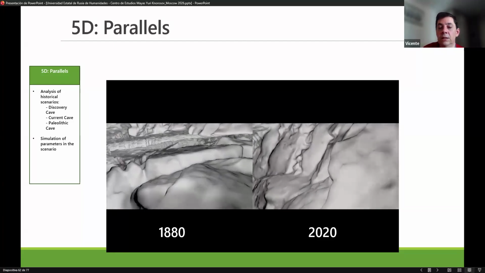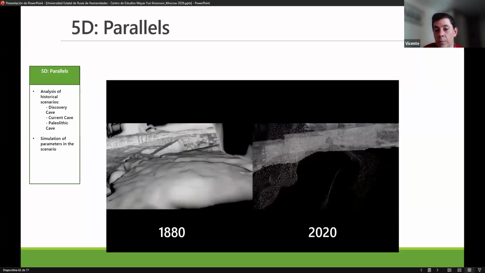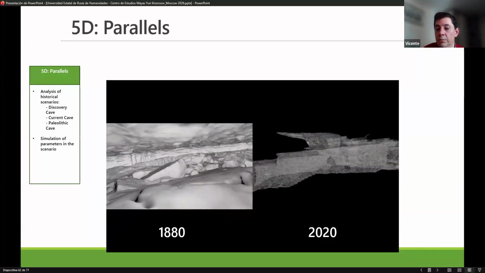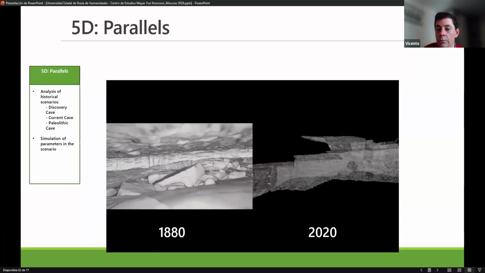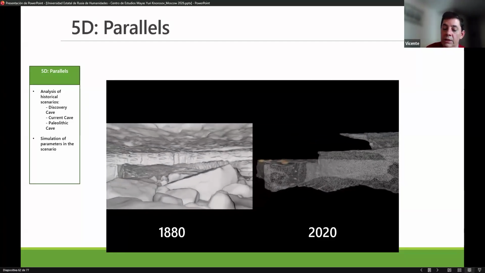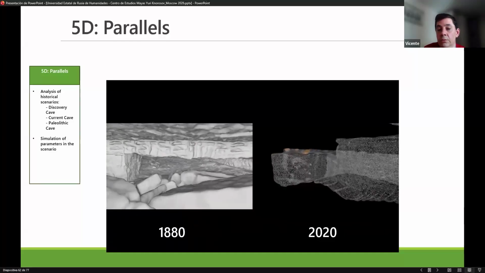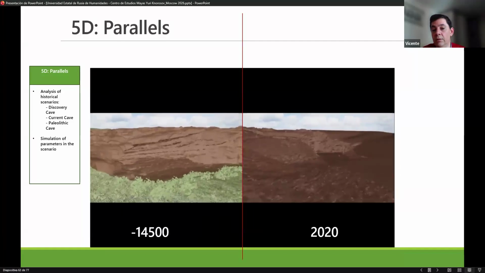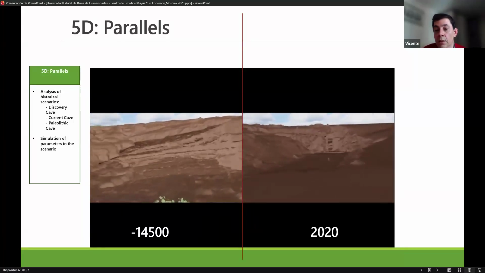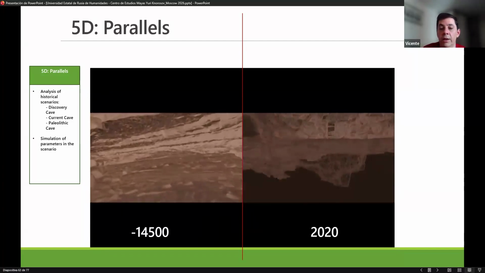On the right you can see all the anthropic works made by humans to preserve the cave and the original shape of the cave. This is the exterior, the entrance in the Paleolithic, and the entrance now. Now there is a door. In the Paleolithic it was a very wide area.